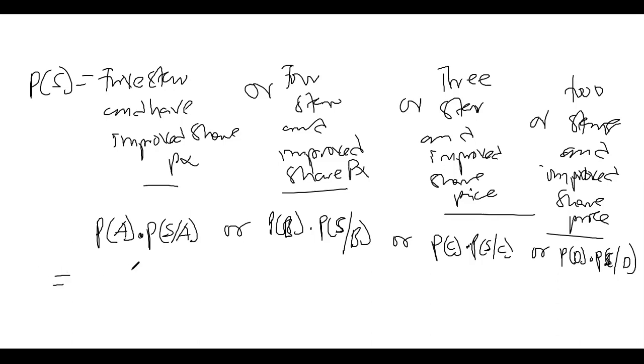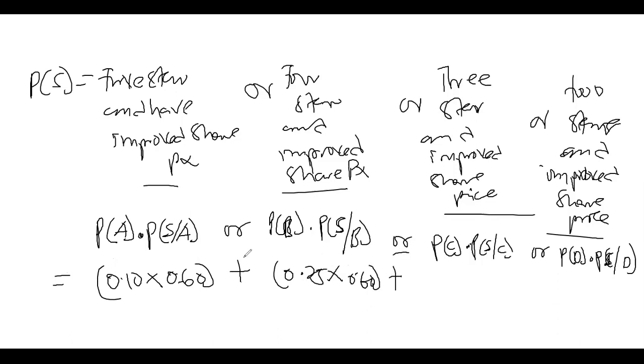So this will give us 0.10 times 0.60 plus 0.25 times 0.60 plus, so "or" means plus, okay? 0.35 times 3/7 plus finally 0.50 times 0.30.